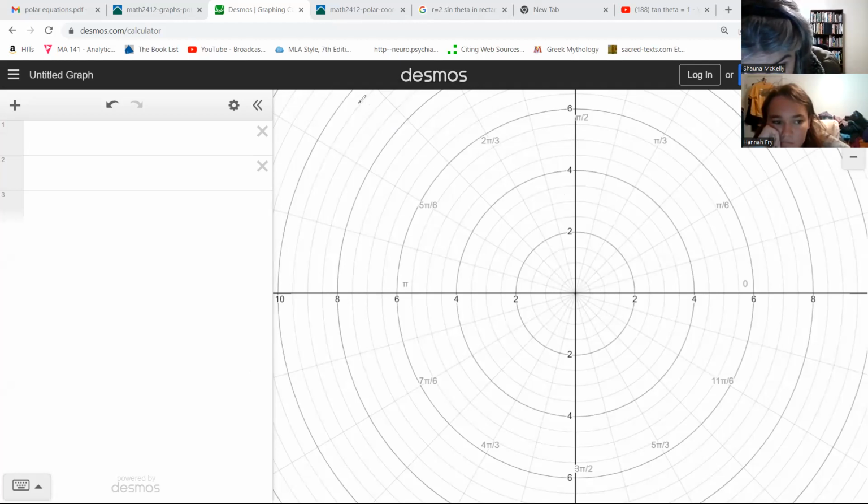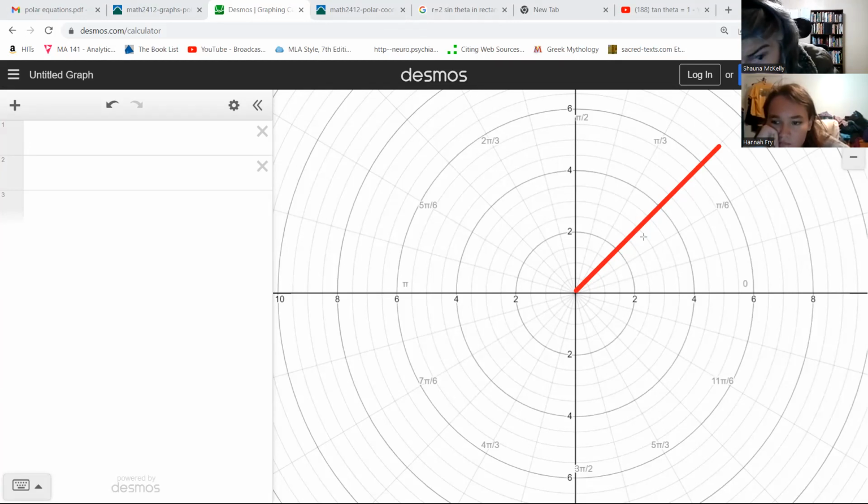All right, so theta equal to pi over 4 is just this 45-degree line through pi over 4, and it would go both ways depending on how far it went, right?